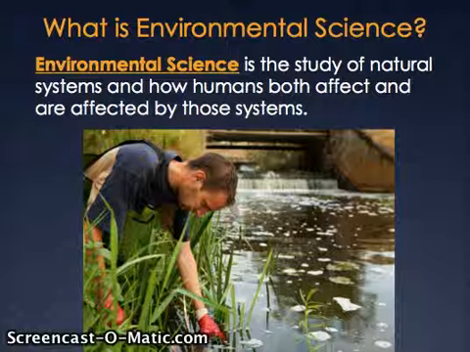This picture, though, is one of the main advantages of PowerPoints. You've got a great image there. So I would ask the students, what is this guy doing? How do we know he's an environmental scientist? Here I would be looking for students to use the definition as presented and integrate that into their understanding.